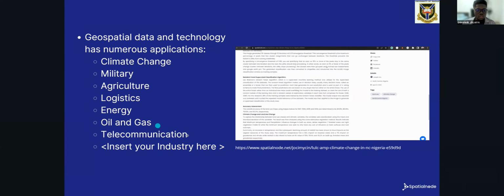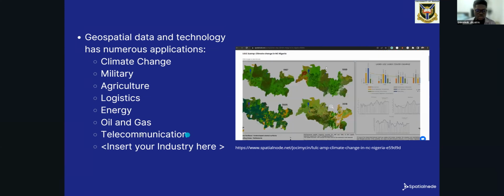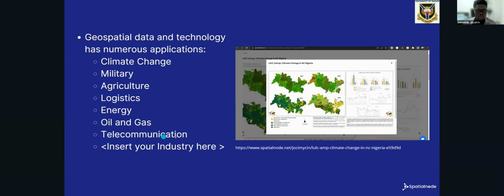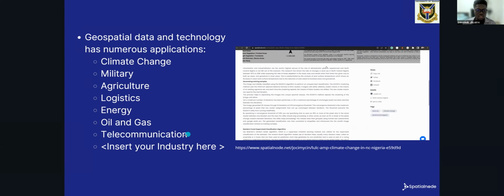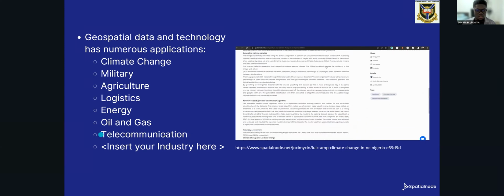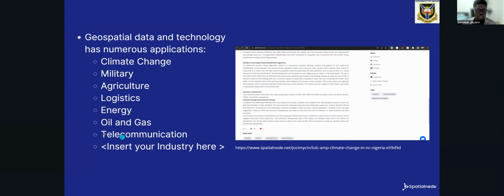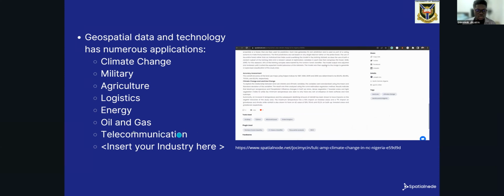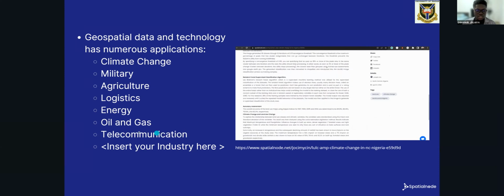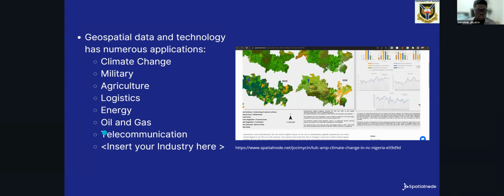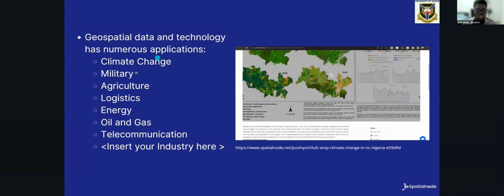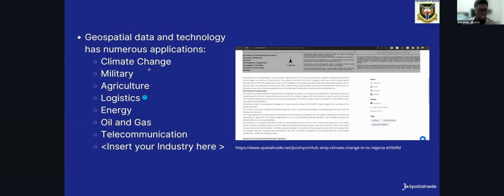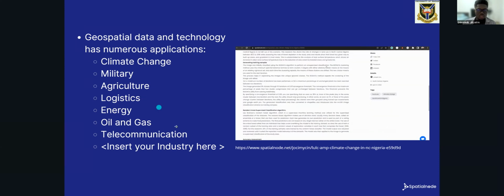If you want to install a mast, there is a lot of analysis you need to perform, which still requires geospatial datasets. I'm even aware that the NCC, Nigerian Communications Commission, has geospatial departments that help them monitor their masts and operations. So just name the industry, you can apply geospatial data and technology to it, if you look at it deeply.